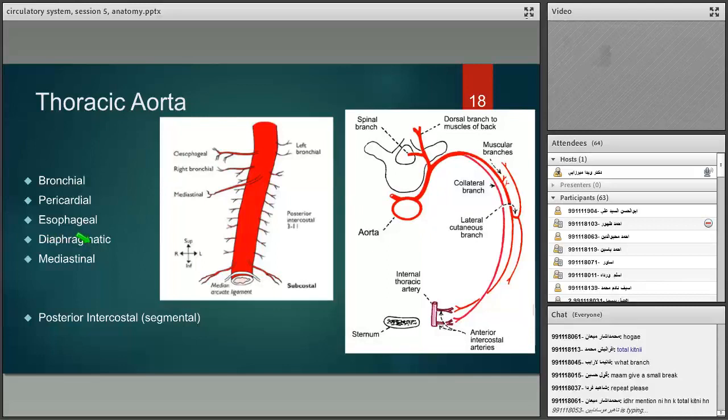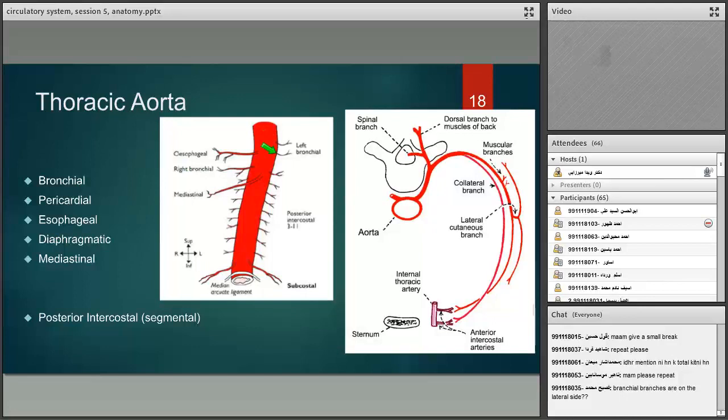We can also see the diaphragmatic branches, the superior diaphragmatic or superior phrenic branches. They are supplying the blood for the upper side of the diaphragm. Look at here.